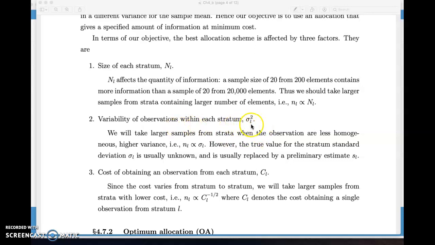If within the stratum the variability, sigma L, is large, then we tend to collect more data. So nL would be directly proportional to sigma L.